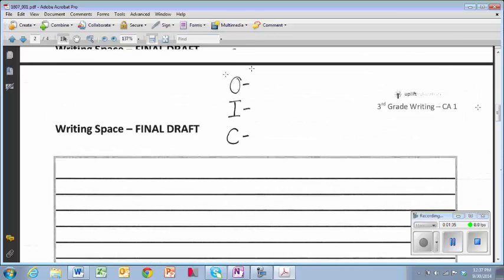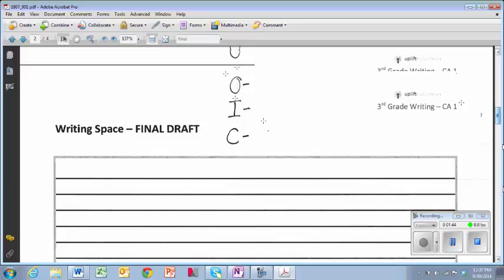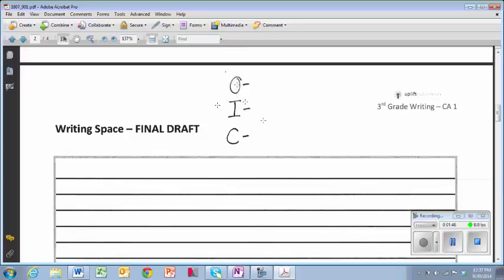The O stands for organization, which is also the progression of ideas. The I stands for ideas, so how engaging and interesting is the story that the scholar wrote. And the C stands for conventions, and that is basic things like grammar, spelling, punctuation, and then also word choice and how their sentences are structured.